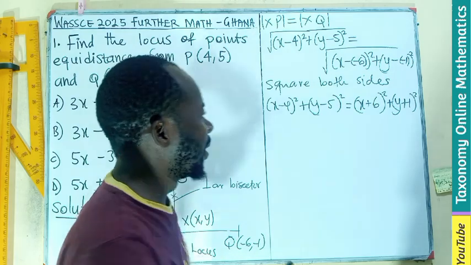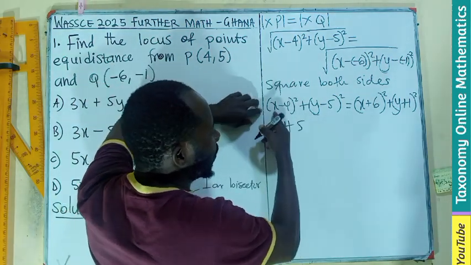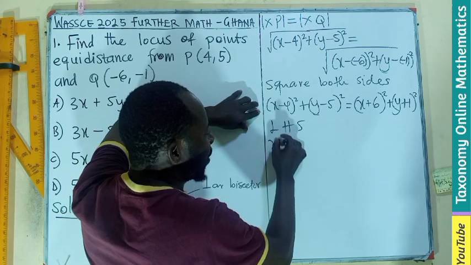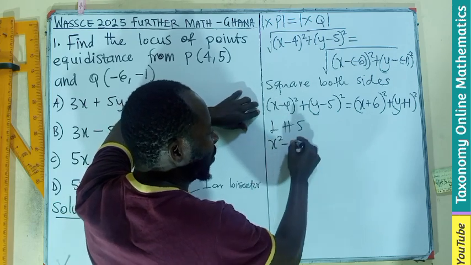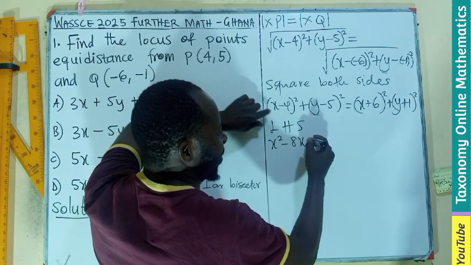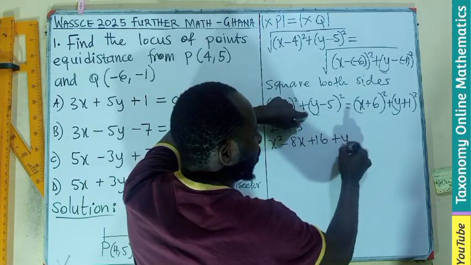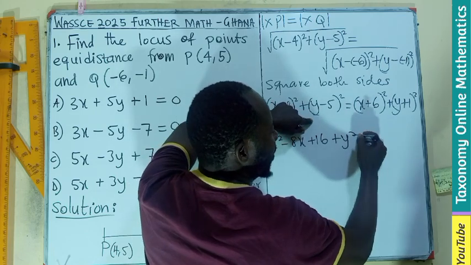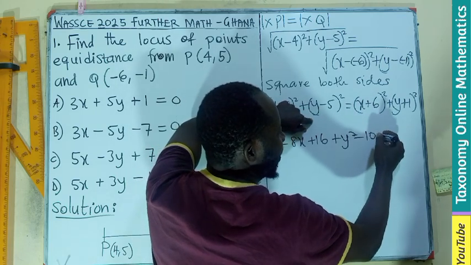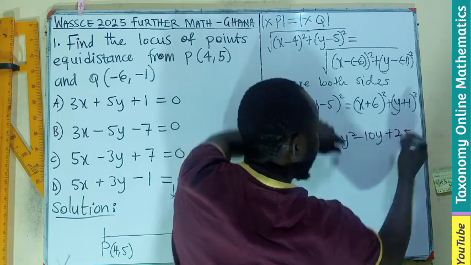By expansion, let's take the left hand side. Square the first, x squared, twice their product, minus 8x, then square the last, plus 16. Square the first, y squared, twice their product, minus 10y, then square the last, 25.